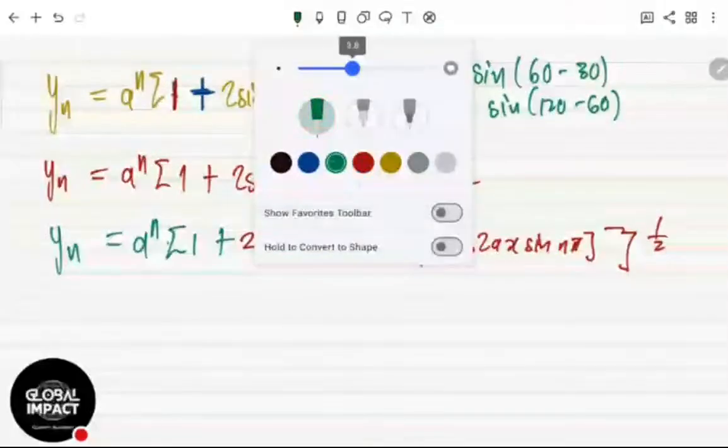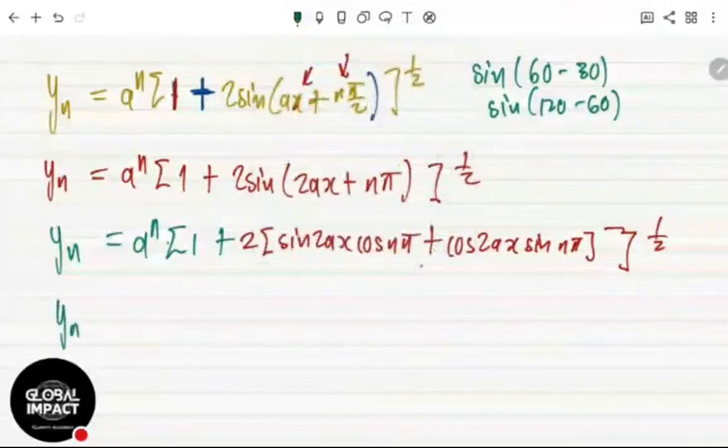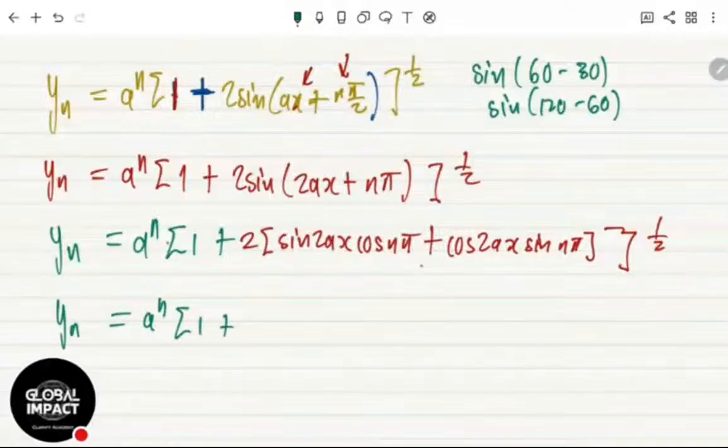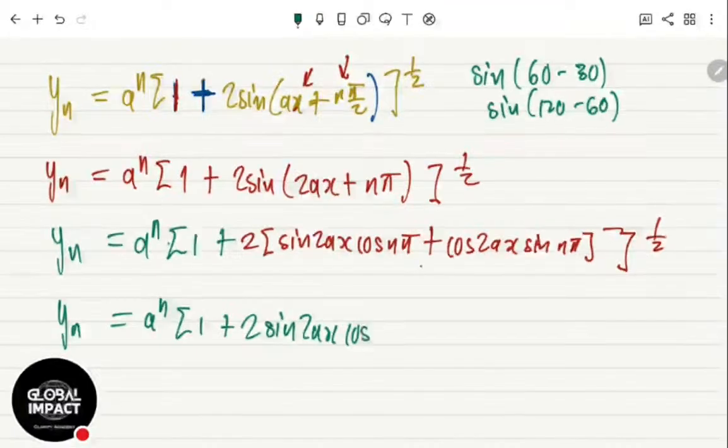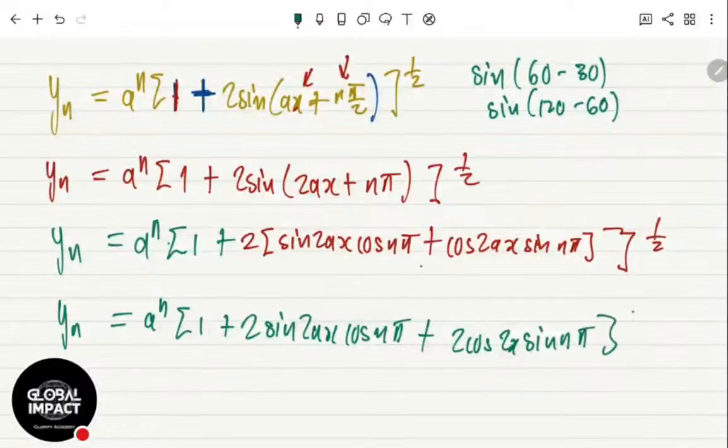You'd now have it as yn is a to the n, 1 plus here. What do we now have? 2 sine, 2 times this, it becomes 2 sine 2ax cos n pi plus 2 cos 2ax sine n pi. And this is all to the power of half.